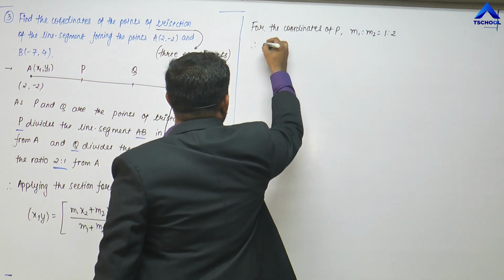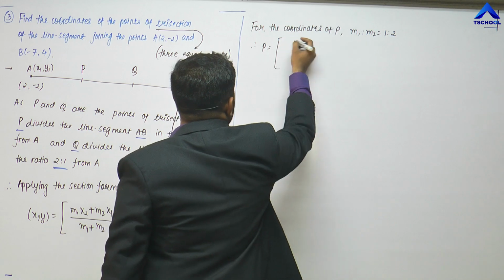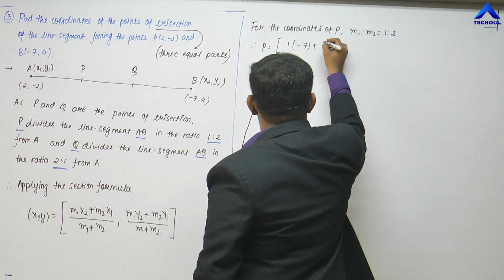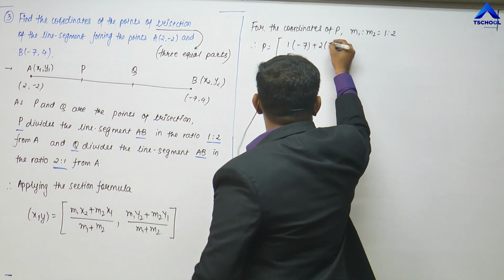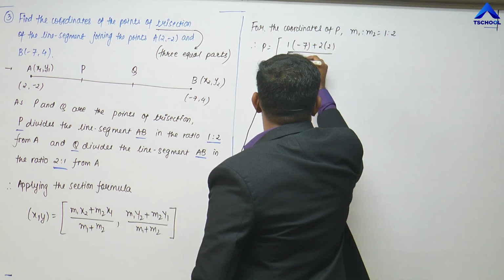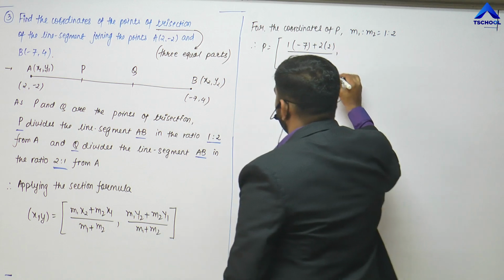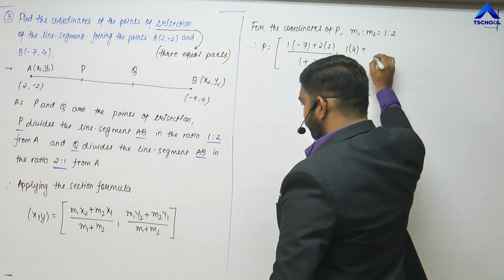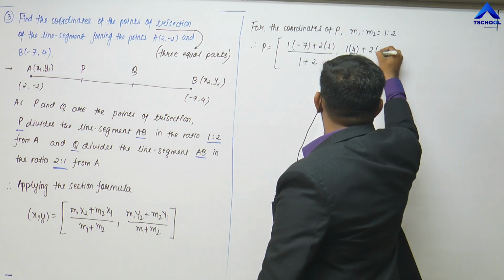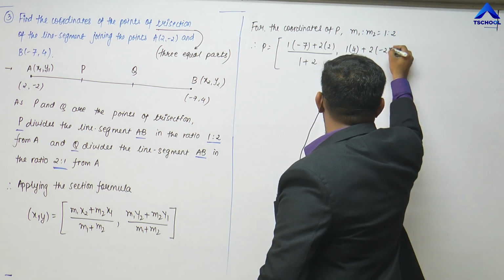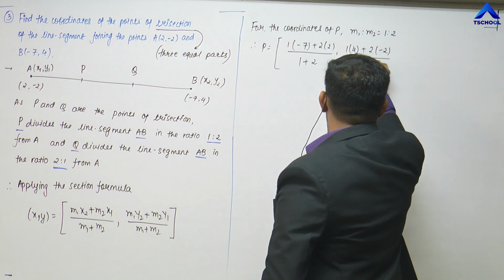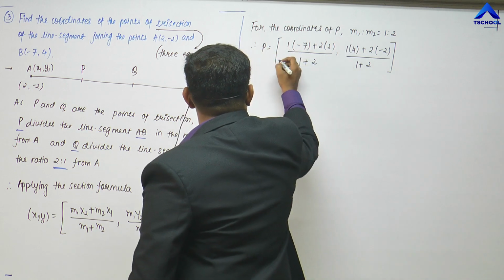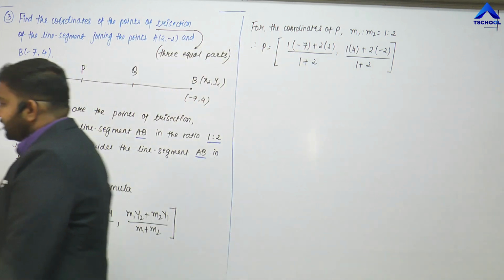Therefore, P equals (1 into x2, that is minus 7, plus 2 into x1, that is 2, upon 1 plus 2, comma 1 into y2, that is 4, plus m2, that is 2, into y1, that is minus 2, upon 1 plus 2), right? I have directly put down the values here. Is this clear?